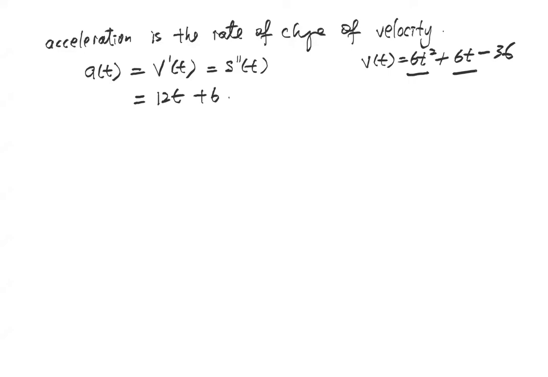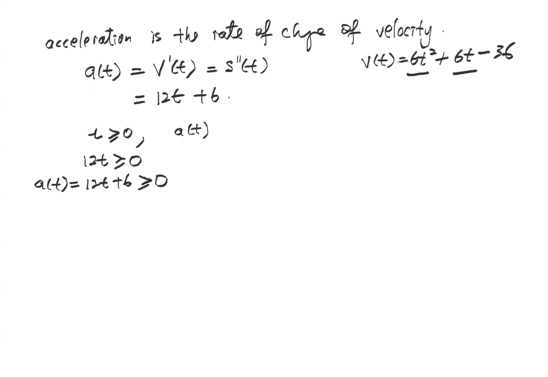So now, if you look at this, t is greater than or equal to 0. What can you say about the acceleration? So 12t will be greater than or equal to 0. So acceleration, which is 12t + 6, will always be greater than 0. Am I right?